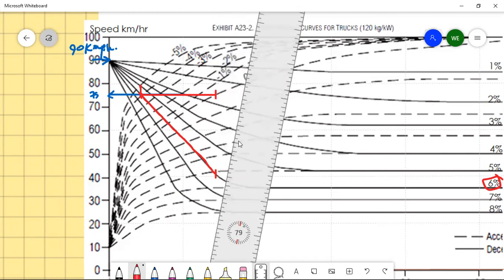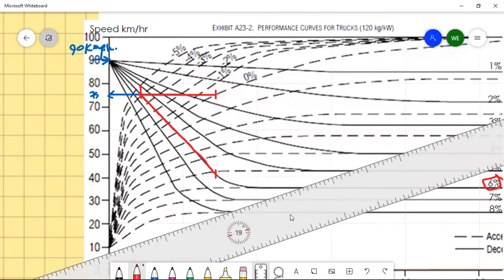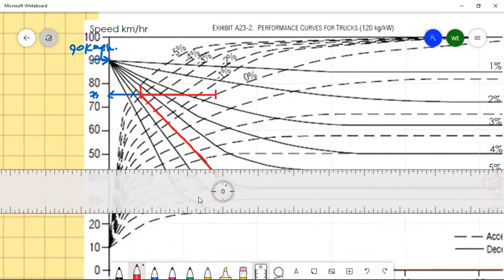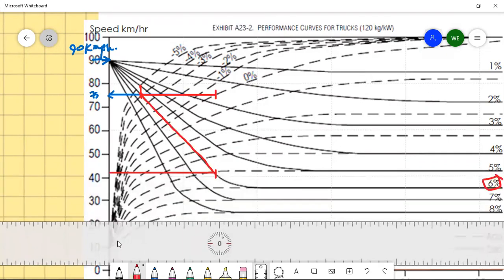So in order to get the exit speed, let's go and draw this line. So the exit speed will be something around 42 kilometers per hour.